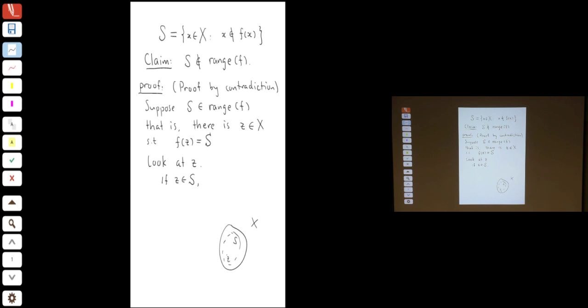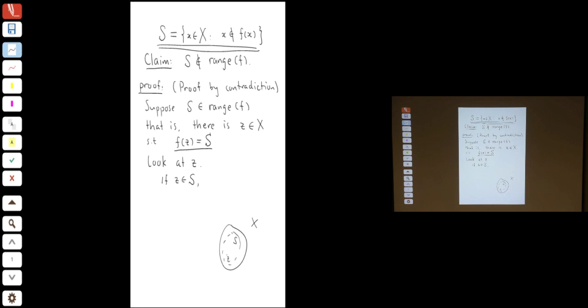Now you have two ways to use S. One is that S is f(z). The other is the double underline, S is the funny diagonal set.